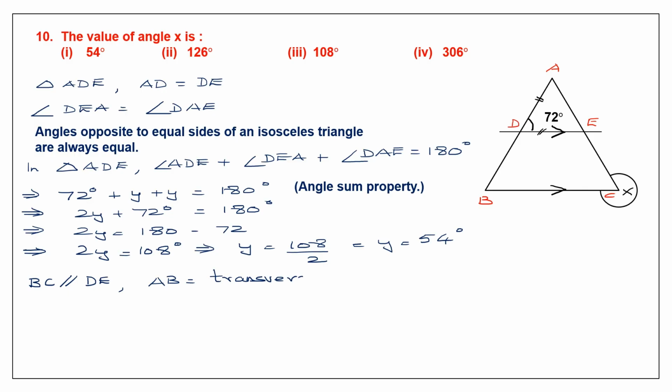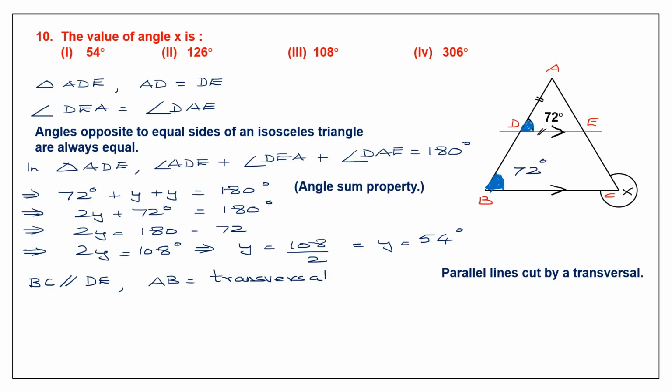Now we can apply the property of parallel lines cut by a transversal. When parallel lines are cut by a transversal, there are many properties. Now look at this angle and this angle. These two angles in blue now become corresponding angles because these two parallel lines are cut by a transversal. And what do we know about corresponding angles? They are equal.